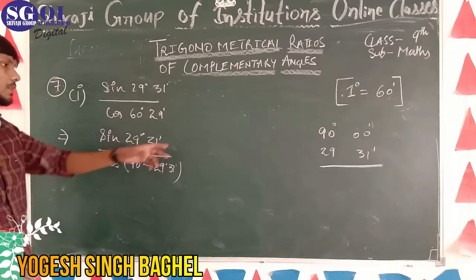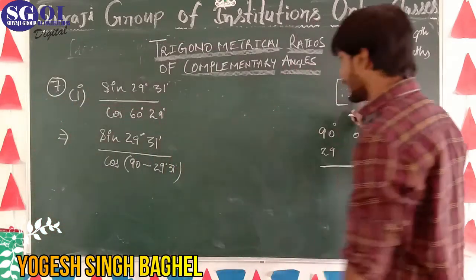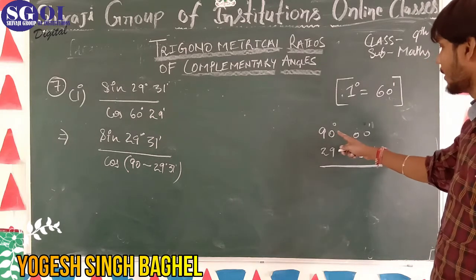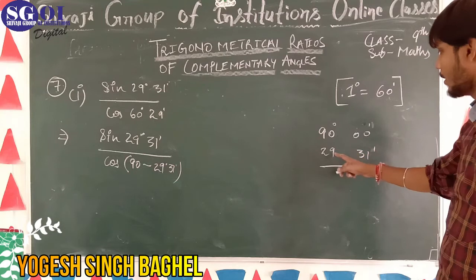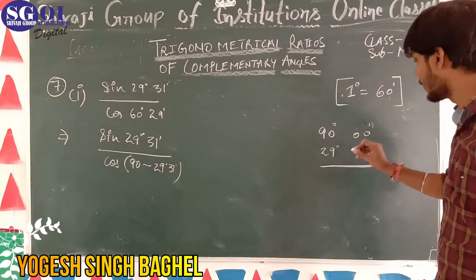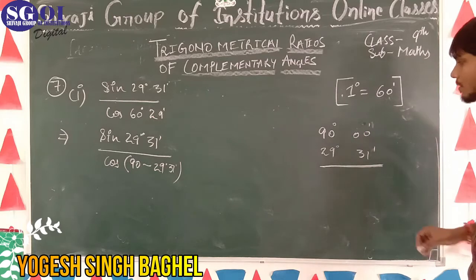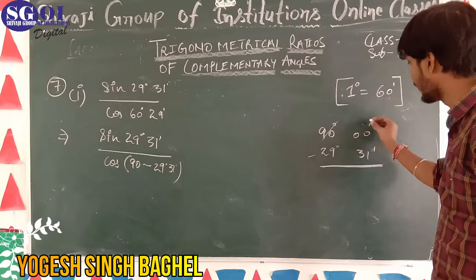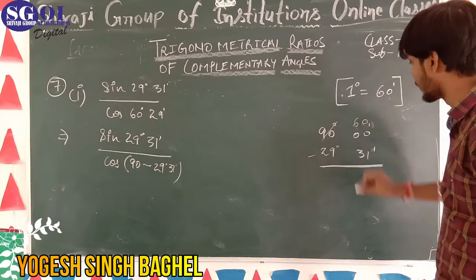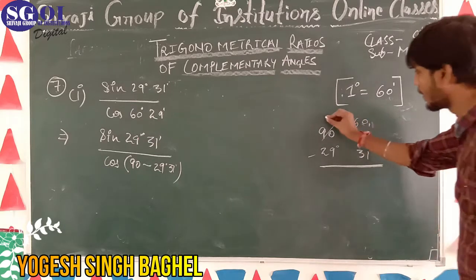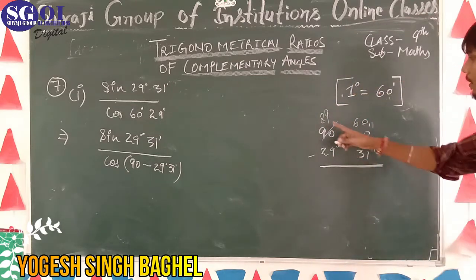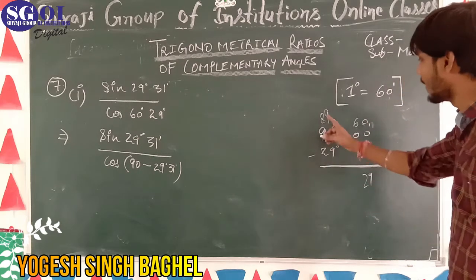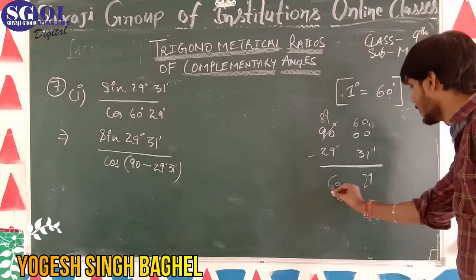How does it come? Because in 1 degree there are 60 minutes. When we subtract 29 degree 31 minutes from 90 degree 0 minutes, we borrow 1 degree, which means 60 minutes. 60 minus 31 is 29, and here it is 89 because 1 is borrowed, so 89 degree 29 minutes, and 89 minus 29 gives 60.